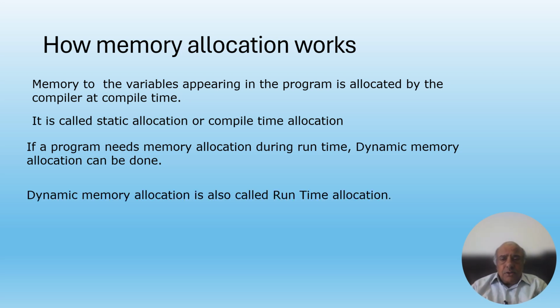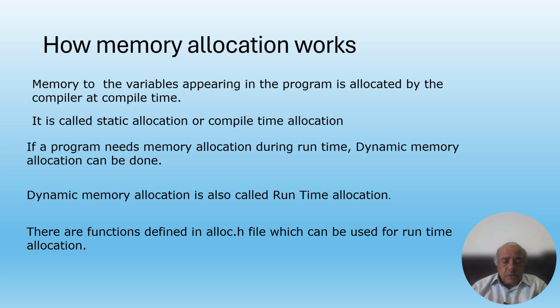Dynamic memory allocation is also called runtime allocation. When there is dynamically allocated space for a variable on the data segment, that kind of allocation is called runtime allocation. There are many functions in C which are defined in the header file alloc.h, which we need to include in our program for runtime allocation of memory.